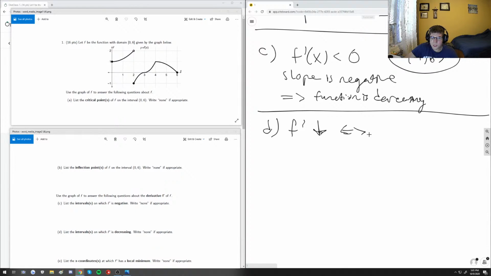is the same thing as the second derivative, because the second derivative is basically f prime of x prime being negative. So that means that the rate at which it is decreasing, or the rate at which it is increasing, is going down. So let's examine our intervals.